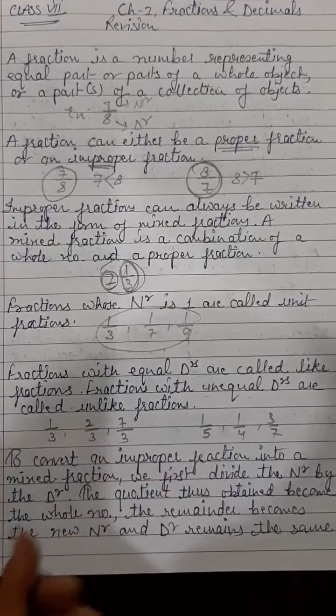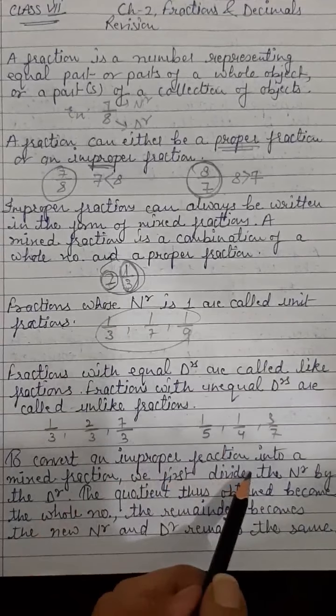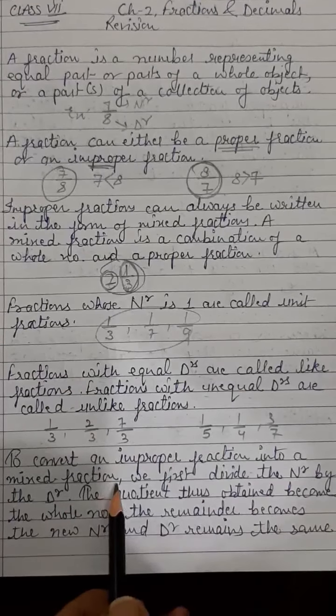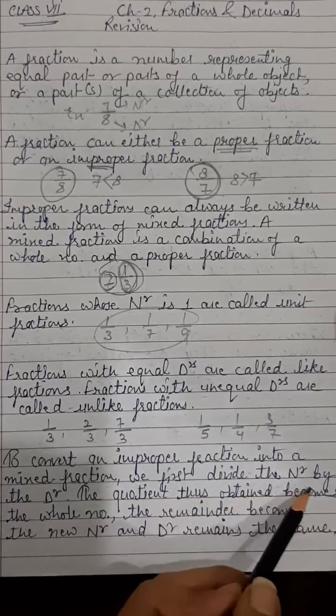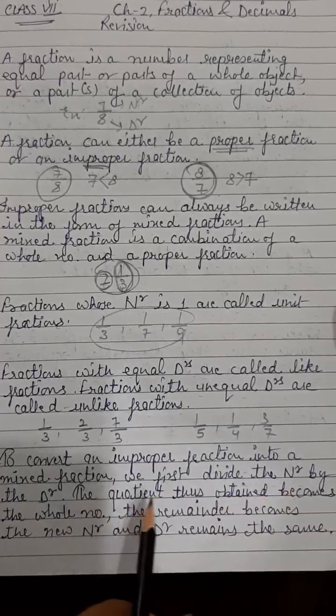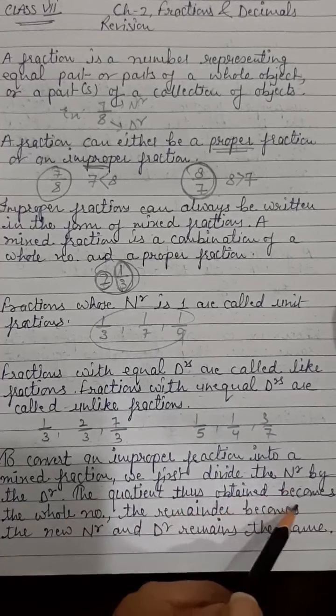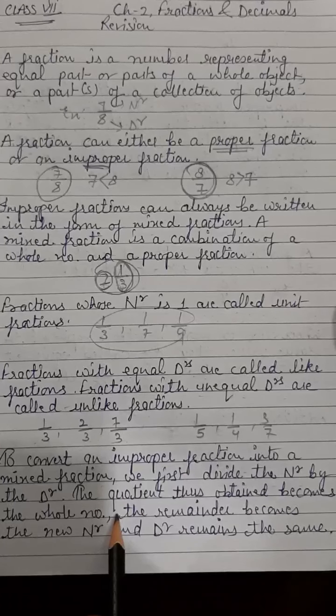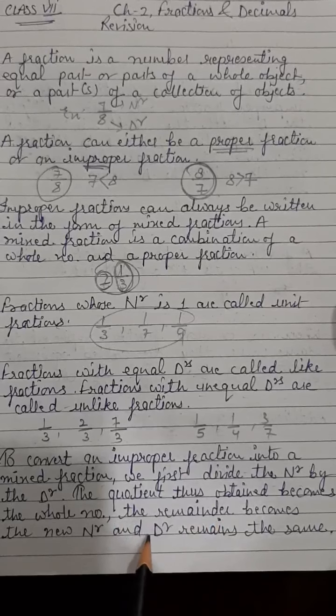Right? To convert an improper fraction into a mixed fraction, we first divide the numerator by the denominator. The quotient thus obtained becomes the whole number. The remainder becomes the new numerator and denominator remains the same.